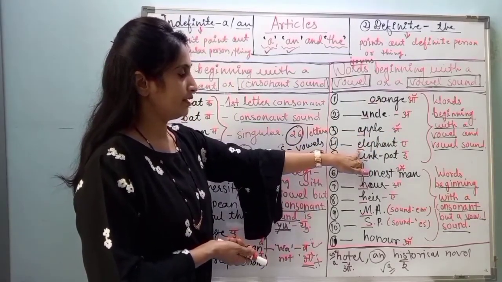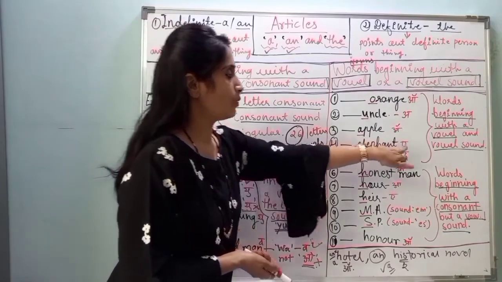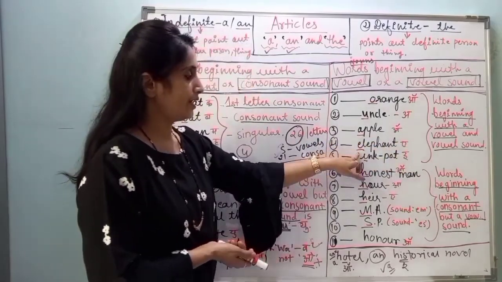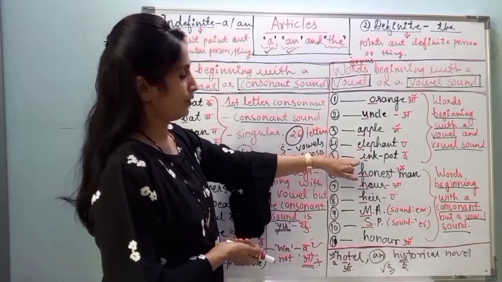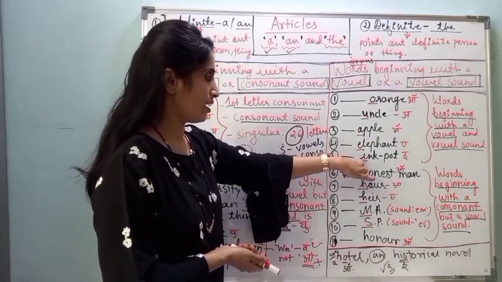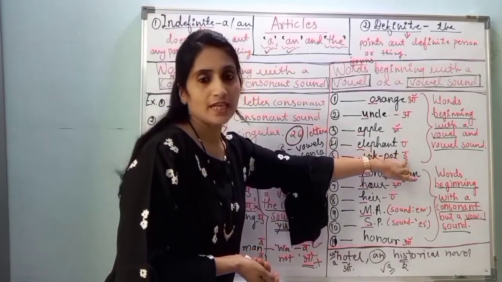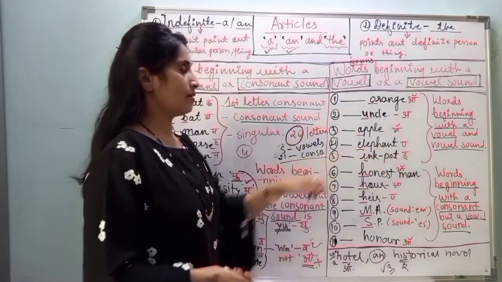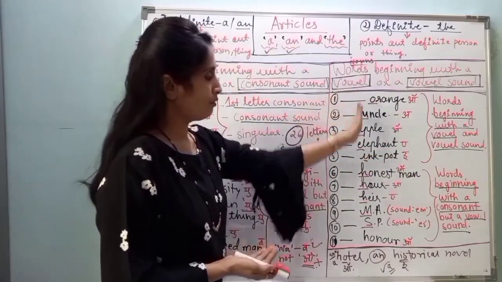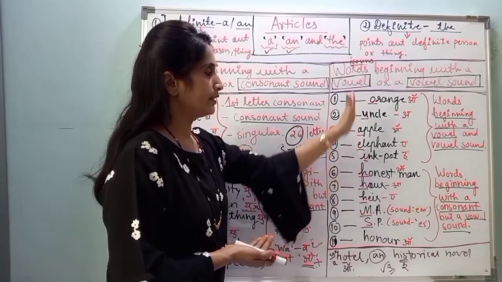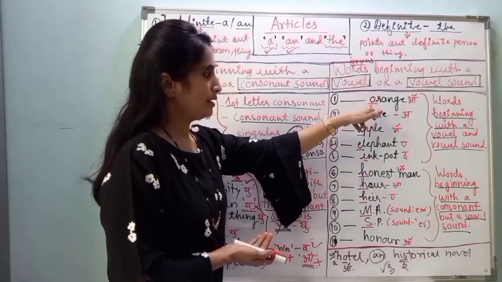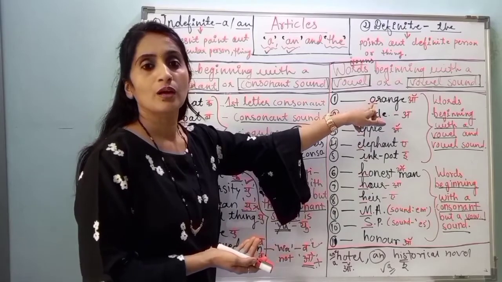Then this word begins with a letter E and the sound is A. That is elephant. And the fifth word begins with a letter I and the sound is E. That is inkpot. Miss, from this you can understand that each word begins with a vowel.